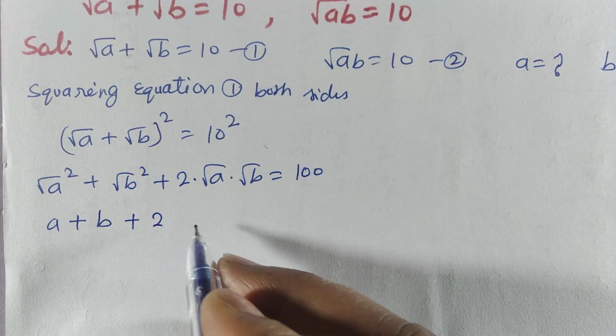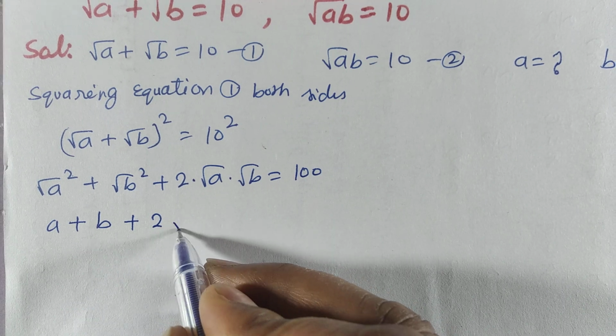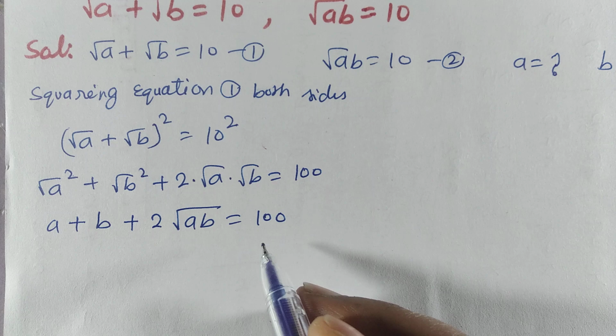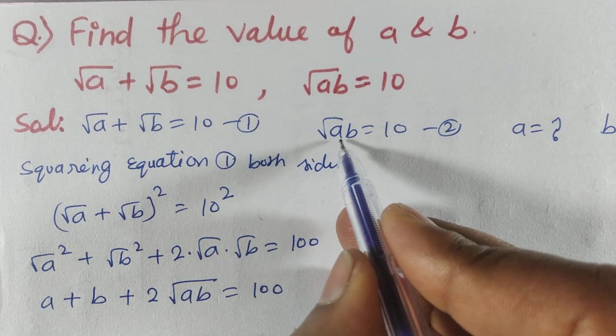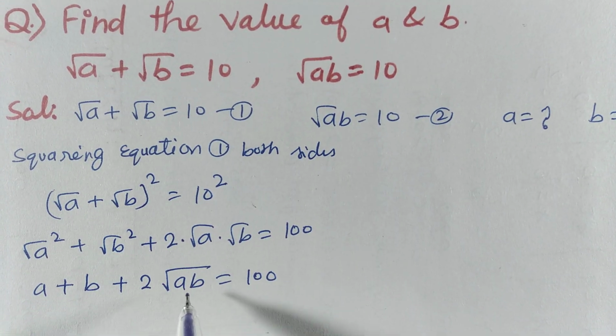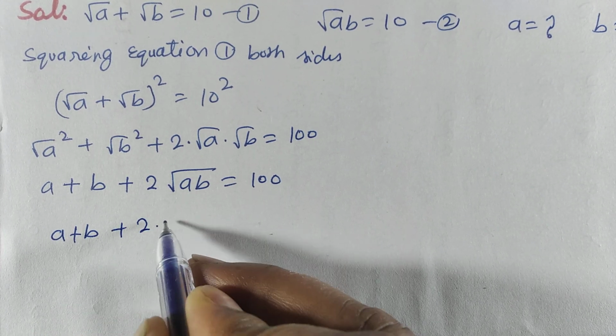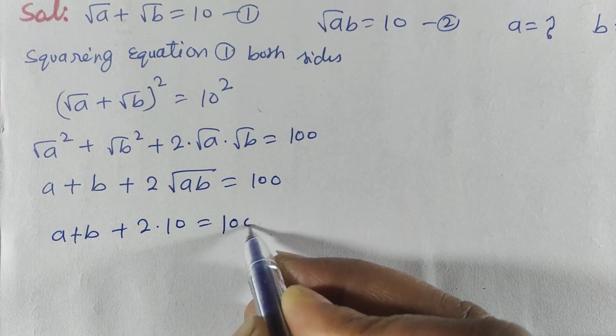It can be written as square root of ab is equal to 100. The value of square root of ab is equal to 10. Putting here, a plus b plus 2 times 10 is equal to 100.